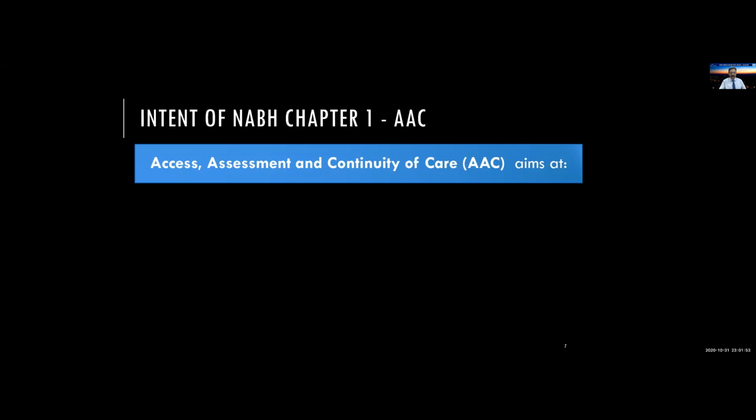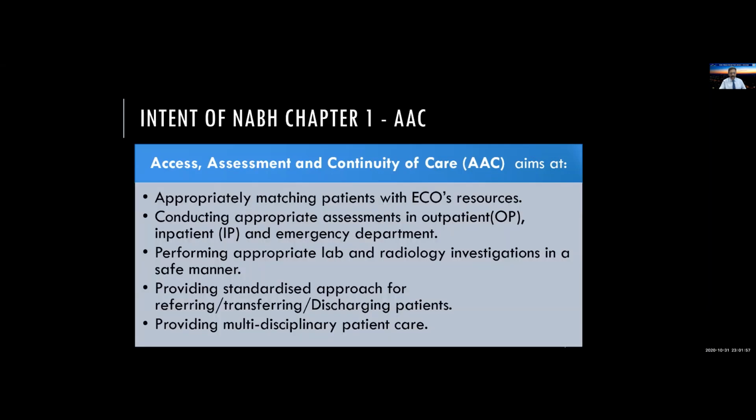Before going to the standards and objective elements, it's important to understand the intent of the chapter. If you go through the NABH standards booklet, on the first page, you will see the intent of each chapter. For access, assessment, and continuity of care, these are the intent.